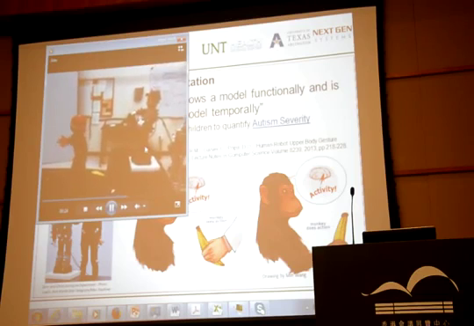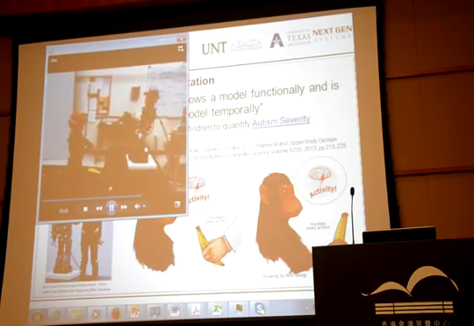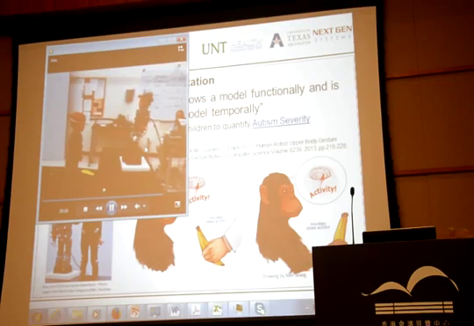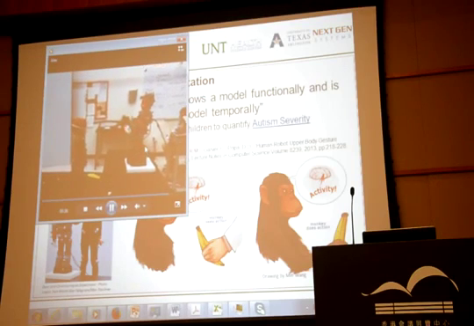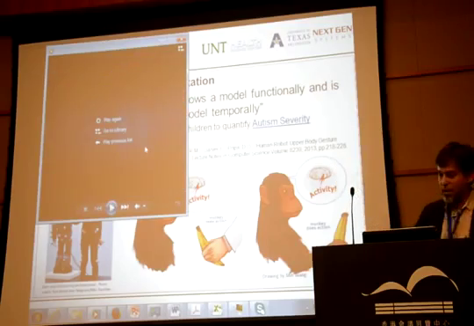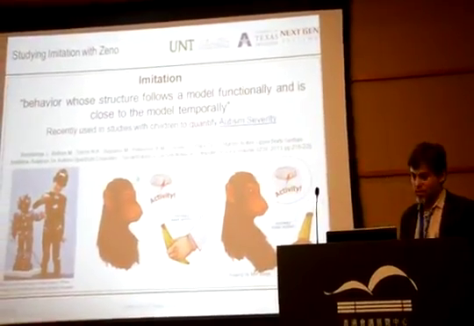You can see that he imitates the motion. Sometimes he doesn't. We're not looking at exact temporal match, but we're looking to see that the motions are similar. Okay, so then we can look at how well these motions are imitated.